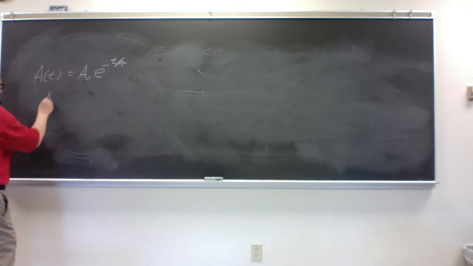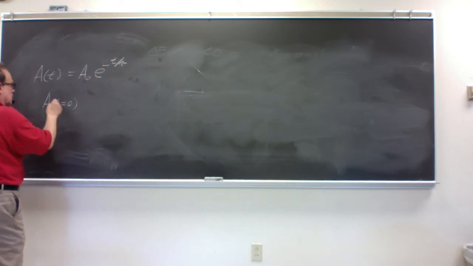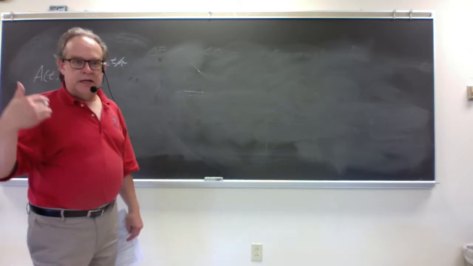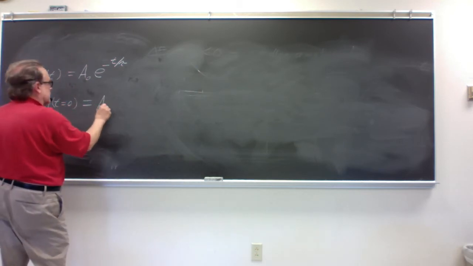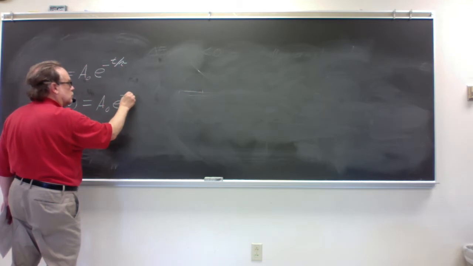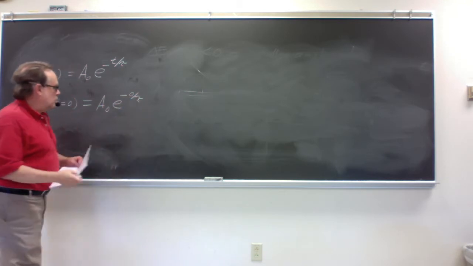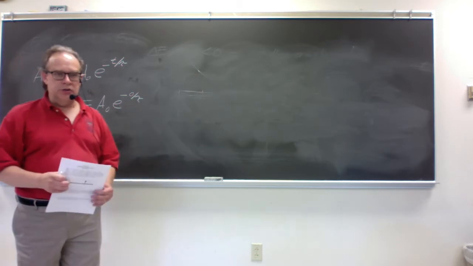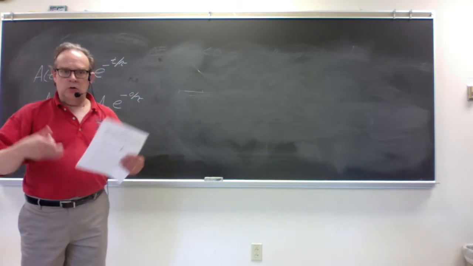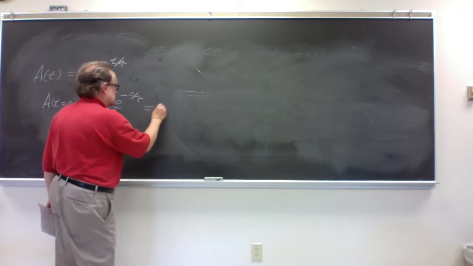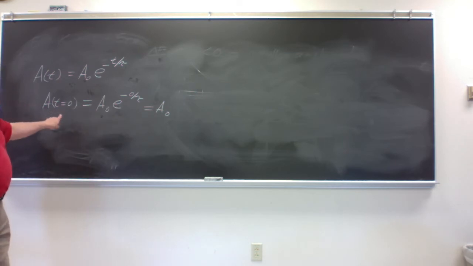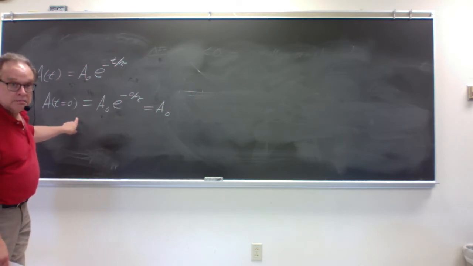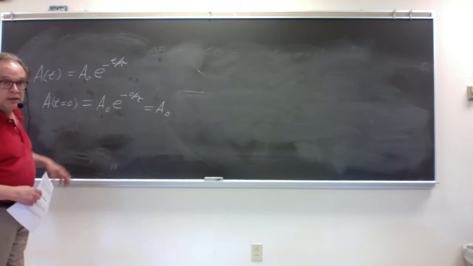At time 0, right when the damped oscillations begin, the function looks like A0 e to the minus 0 over tau. Well, this now is e to the 0. Anything to the 0 power is defined to be 1. So we've got A0 times 1. A0 then is the amplitude right at the start, when the oscillations first begin.